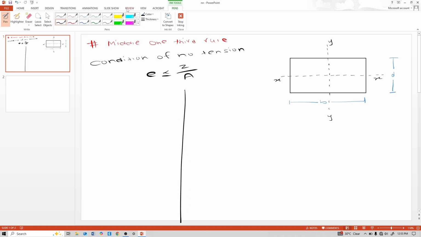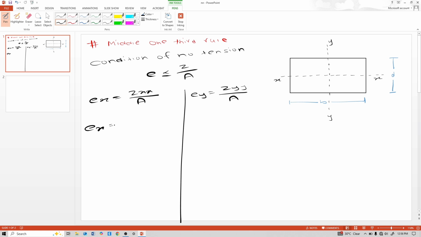First, see, this is the x axis and this is the y axis. Consider this as the sectional modulus about the x axis, Zx, and this is the area, and this has the sectional modulus about the y axis, Zy, and this has the area.